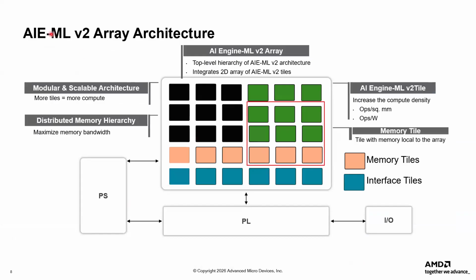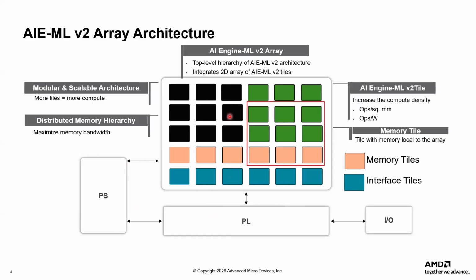So this again is the ML2 architecture. You have the tiles that represent individual AI engines. You have the memory tiles along the very bottom, and then you have interface tiles. And interface tiles is what allows data to move backwards and forwards between the rest of the system and the AI engines.